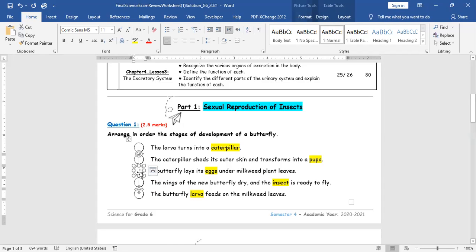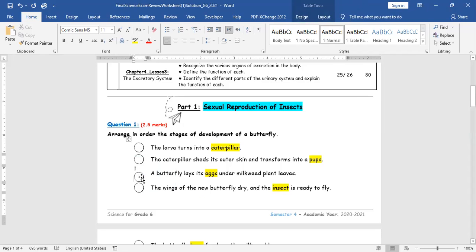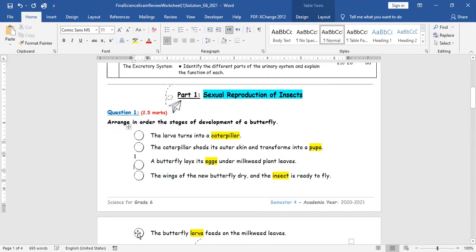Let's put them in order. So this is 1, when the butterfly lays its eggs on a plant's leaf, and then we will have the larva feeding on the leaves.